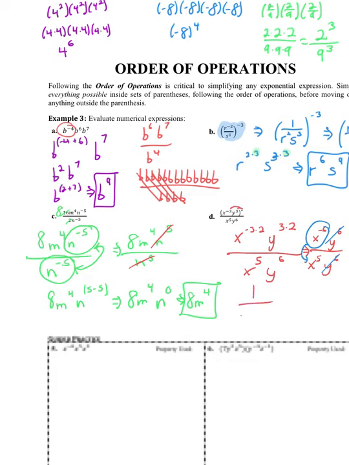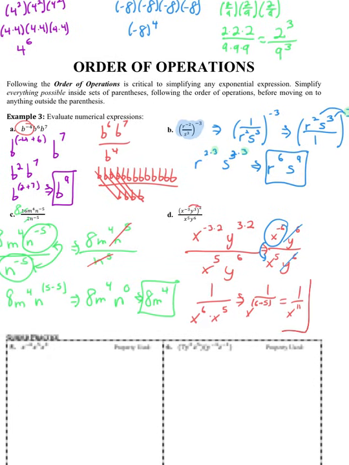So I get 1 over x to the positive 6 times x to the 5th, which is 1 over x to the 6 plus 5, which is 1 over x to the 11th. And that would be as simplified as this is going to get. But 1 over x to the 11th is going to be a lot easier to deal with again than what we started with way up here with this whole nasty thing. We got rid of a variable, even we got rid of all the y's, which is kind of nice.